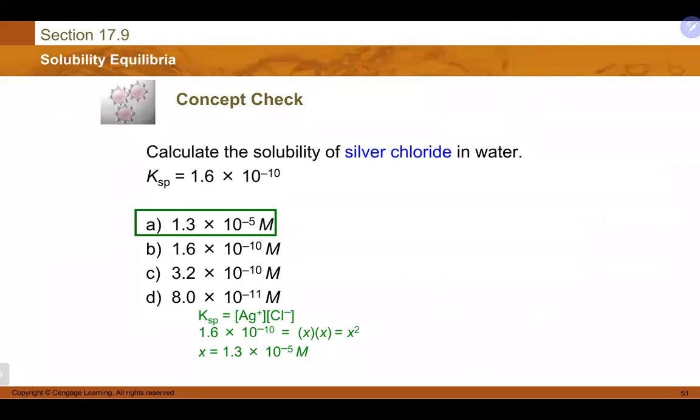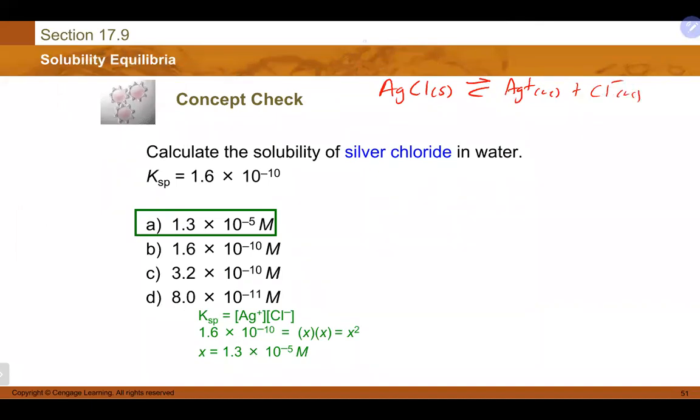So we want to calculate the solubility of silver chloride in water. Just to run through the calculation, silver chloride would be our solid based on solubility rules. It would break apart into a silver ion and a chloride ion.